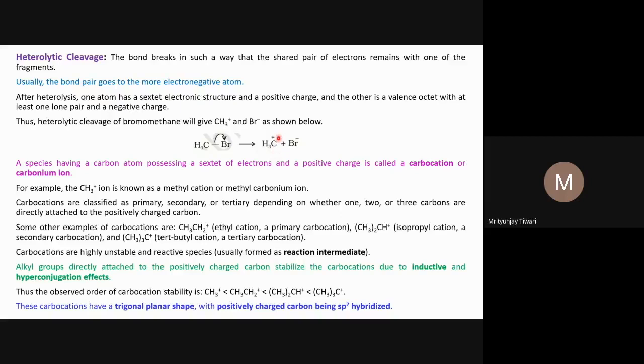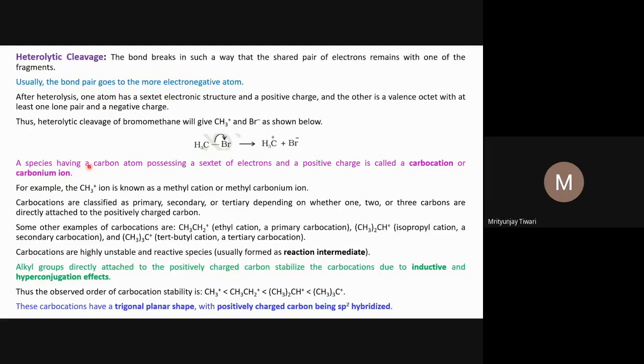This is called the methyl carbocation because this is a methyl group that attains a positive charge, so it is a cation, and since this cation contains a carbon atom, it is also called a carbocation. Please remember that carbocations are also called carbonium ions. This is old nomenclature, but it is still in use.